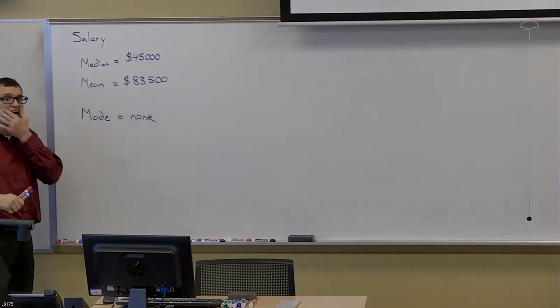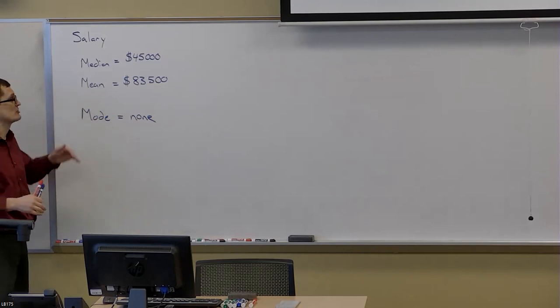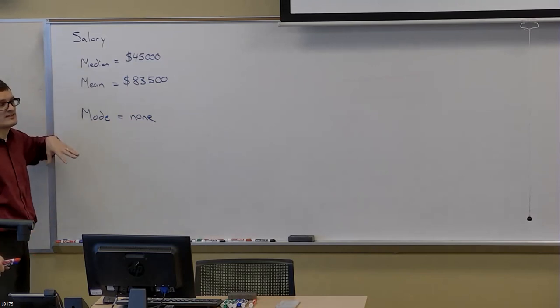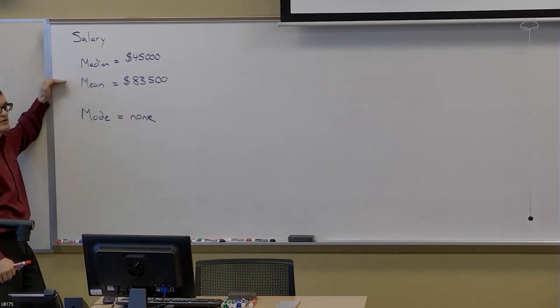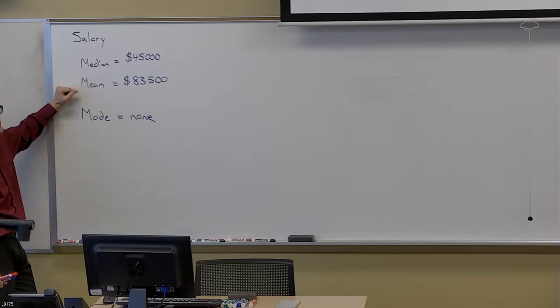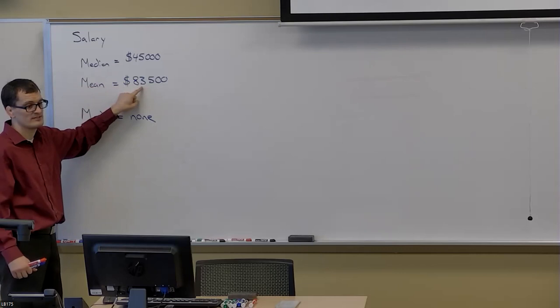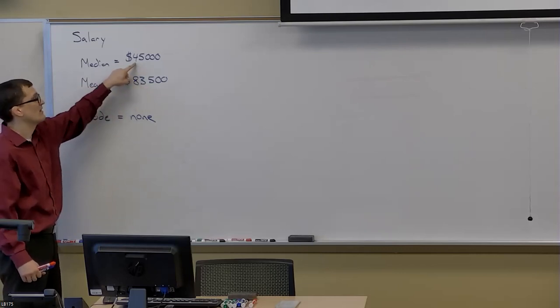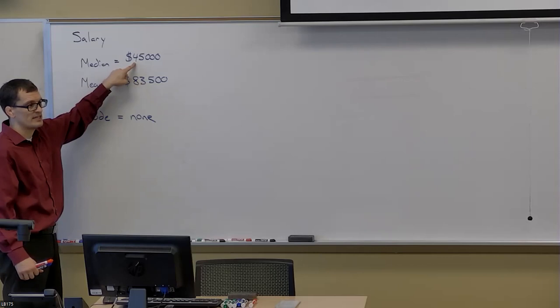Now, if I choose as a researcher to publish my data and I keep referring back to the average salary, that's going to give people the impression that the data set has higher salaries compared to if I would have used the median in all of my referencing back to the data set.